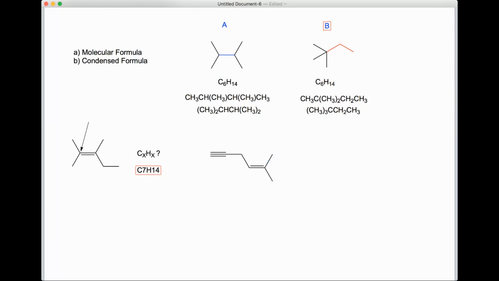So that's 7 carbons. And how many hydrogens do we have in this molecule, guys? More people? Can anybody else guess? Can you guys answer the question? How many hydrogens do we have in this last molecule? 10 hydrogens.